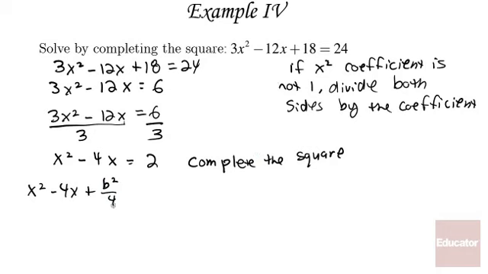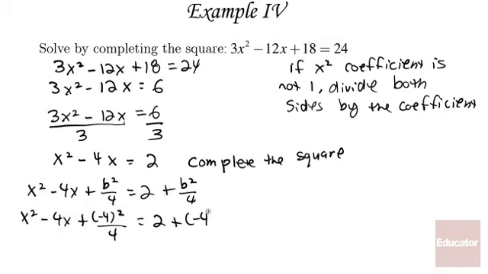Doing that by adding b squared over 4 to both sides. b is negative 4. So this gives me x squared minus 4x. And this is 4 times 4 is 16 divided by 4.